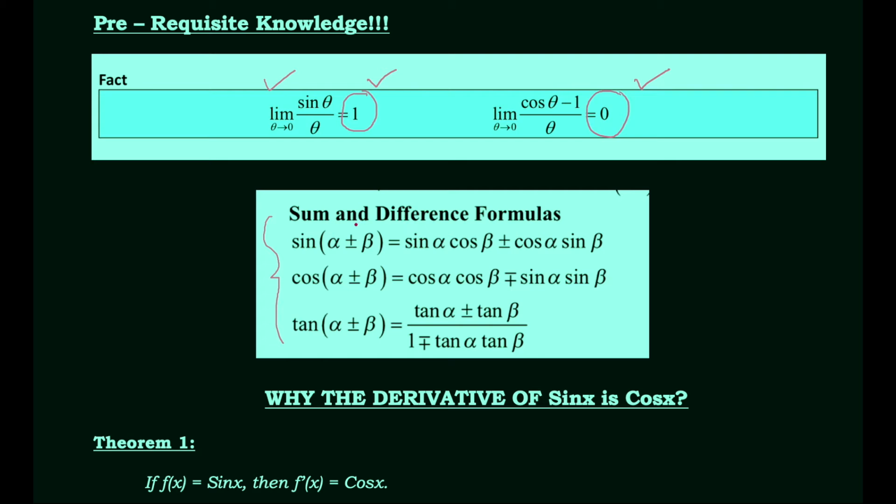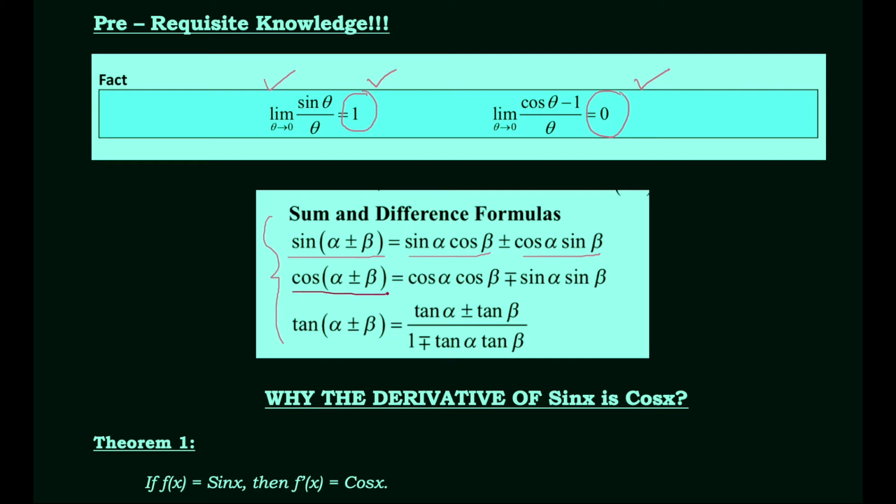for two acute angles. Here in the first one, if you encounter the sine of the sum of two angles, you should have the product of the sine of the first and the cosine of the second, and also the product of the cosine of the first and the sine of the second angle.